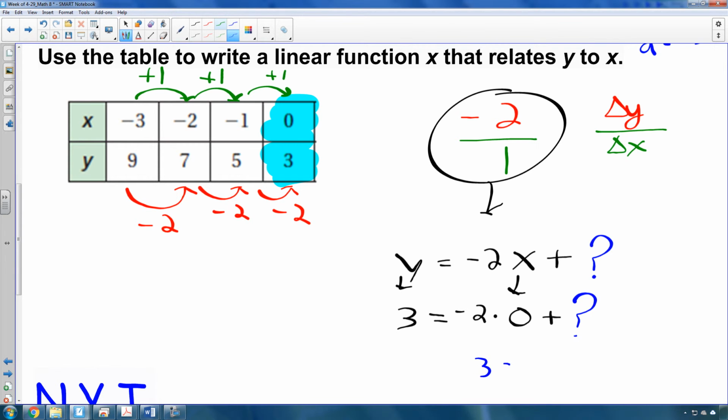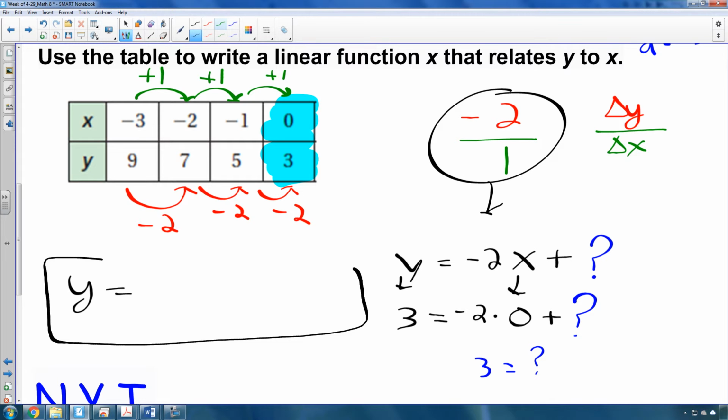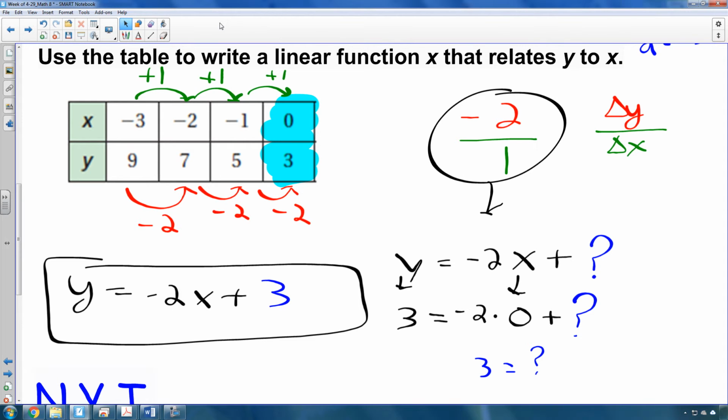So really our whole entire answer is y is equal to -2x plus the question mark, which in this case we know was 3. And that's how we can write an equation from a table that relates x to y. We know that this function is taking your x, multiplying it by -2, and then adding 3.